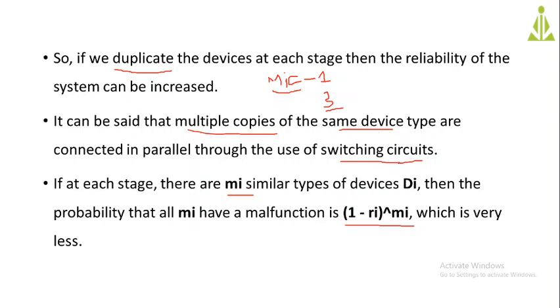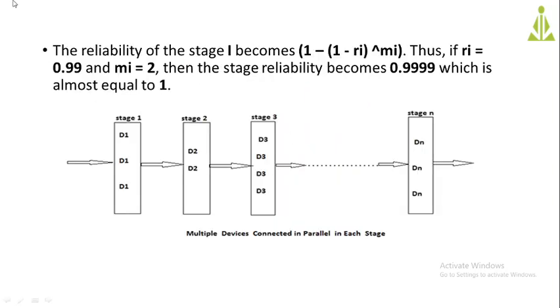When we have multiple devices, sometimes I have 3 devices, sometimes 2 or 4, that is m_i similar devices. The formula is (1 - r_i)^m_i, which is very small. Let's see here. The reliability of stage i becomes 1 - (1 - r_i)^m_i.